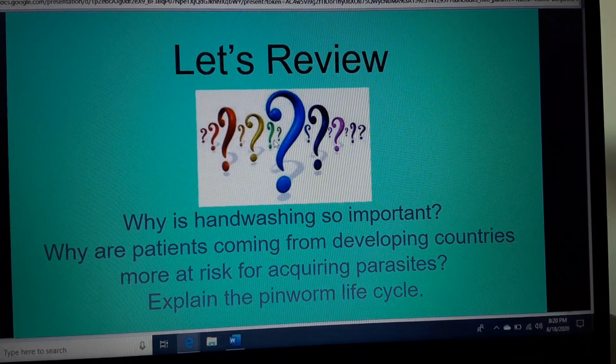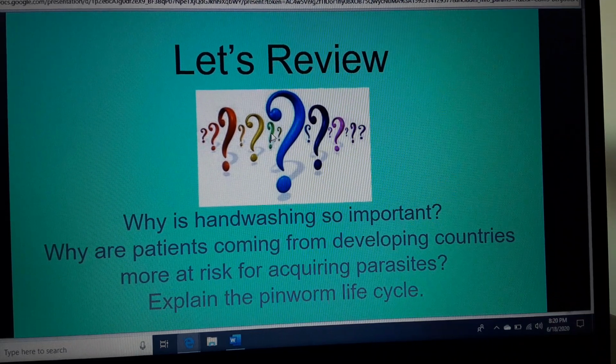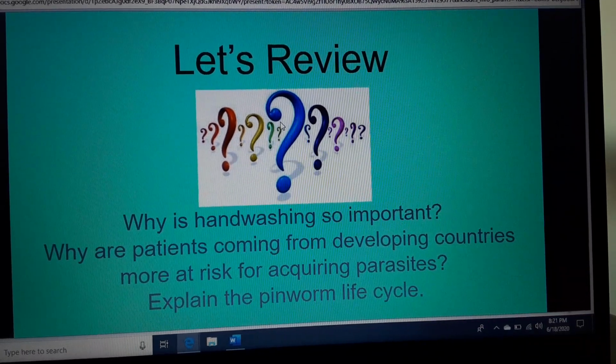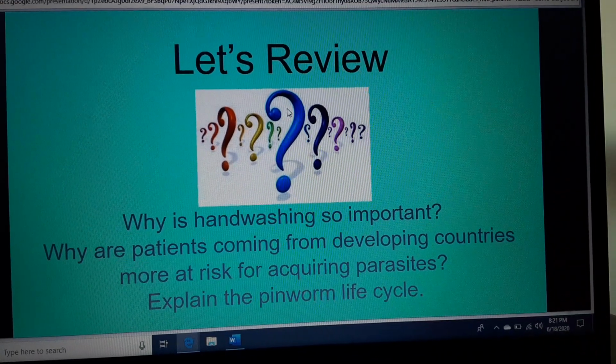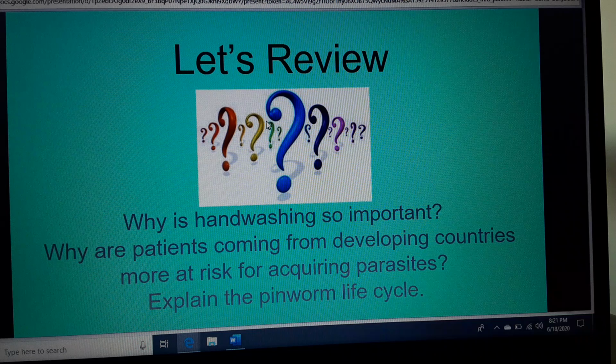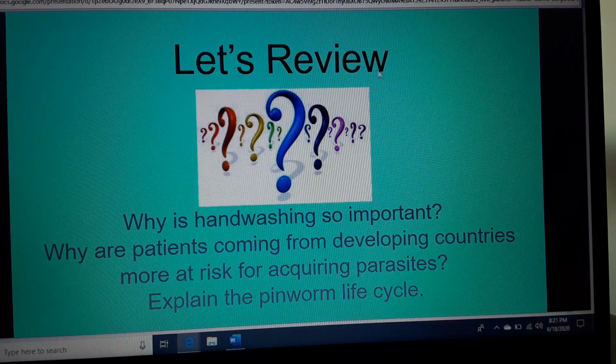Well, developing countries tend to have poor or limited sanitation. Oftentimes we take for granted the modern plumbing, waste system, and soap and water available to us after using the restroom. And next, I did say I would explain the pinworm life cycle, so we're going to explain it now.